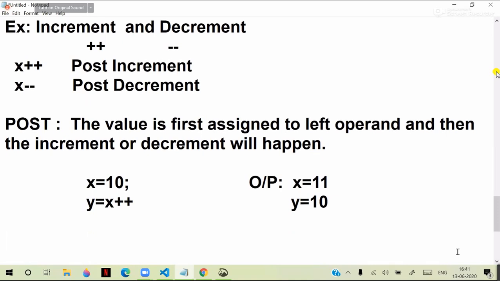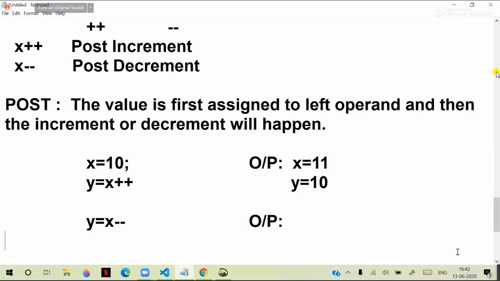Suppose I am using y is equal to x minus minus. Now tell me the output, what will happen? What will be the y value? What will be the x value? Tell me. Y will be 10.